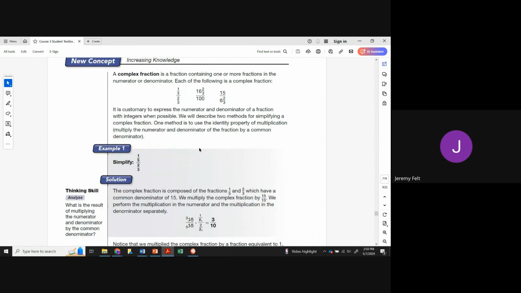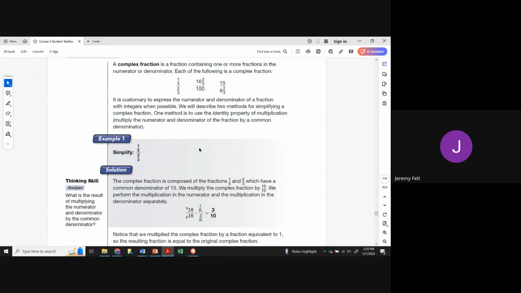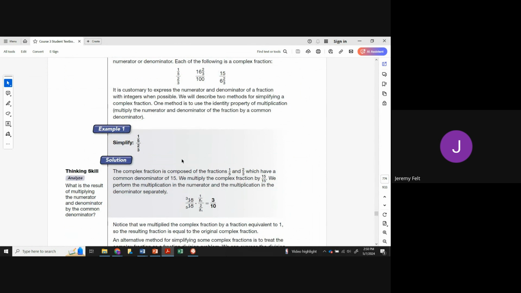It's not just 1/2 or 3/5 or 5/3. We have a non-integer in the numerator and possibly the denominator. But again, if we just remember that it's division, it's not going to be that overly difficult. So a couple different ways we can look at this.